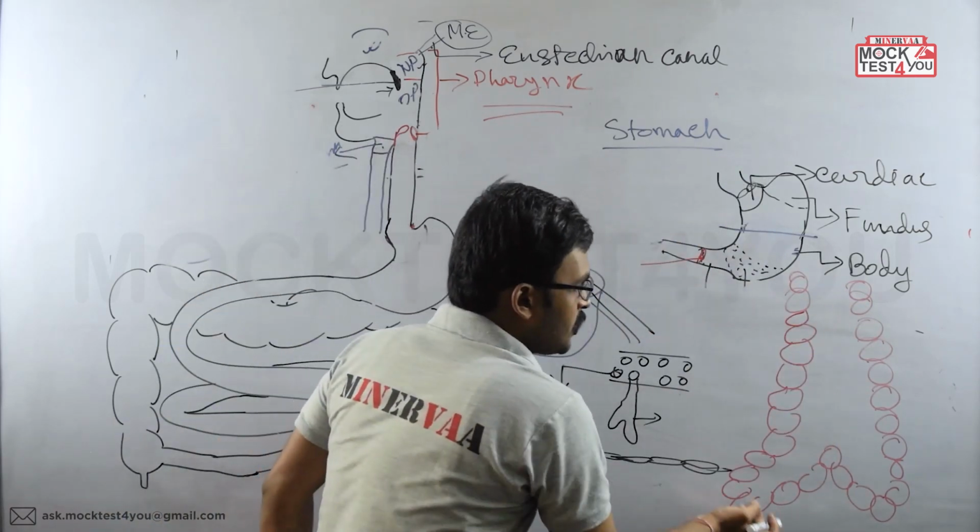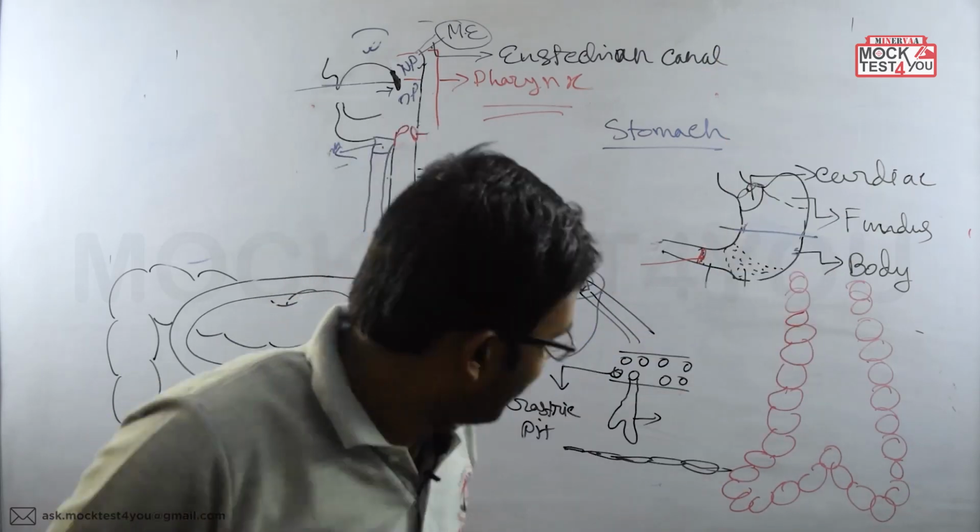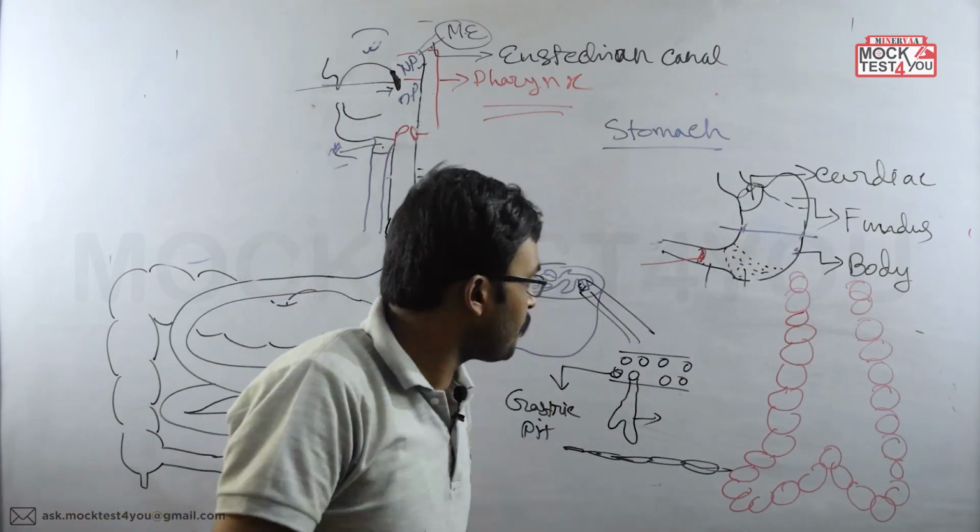So here the wall is made of different modified epithelial cells. Now what are the cells present over here?